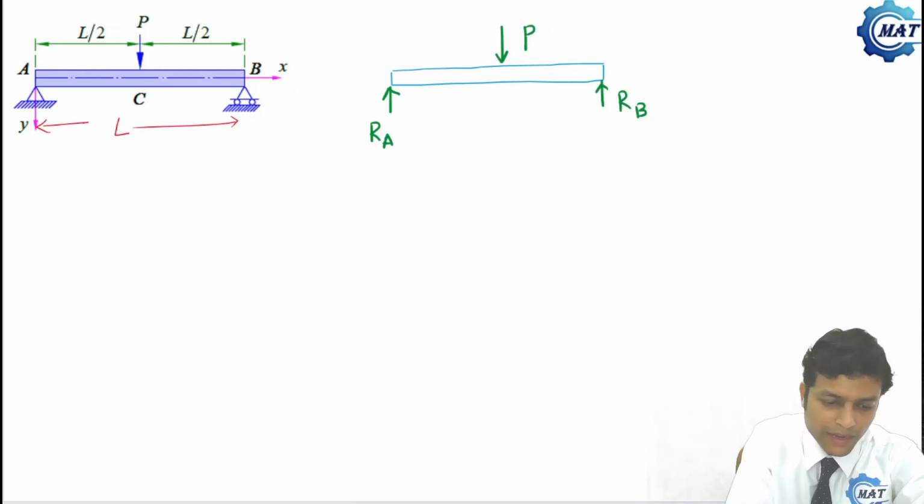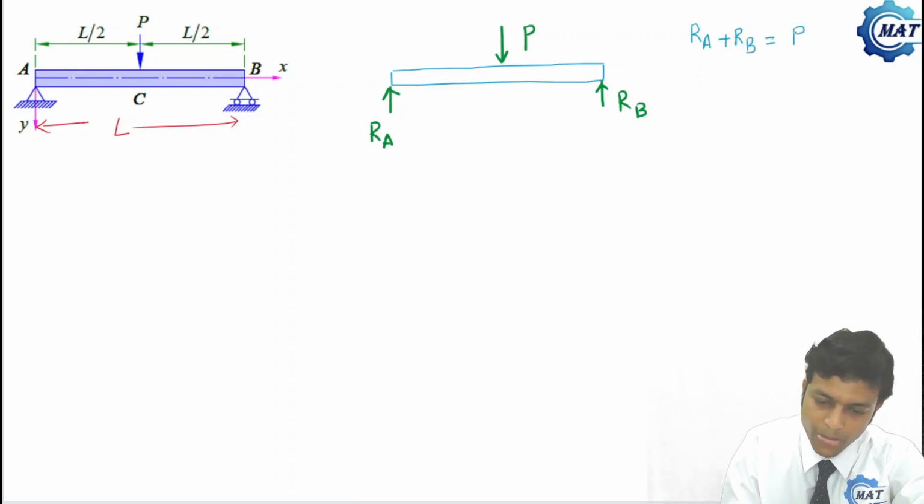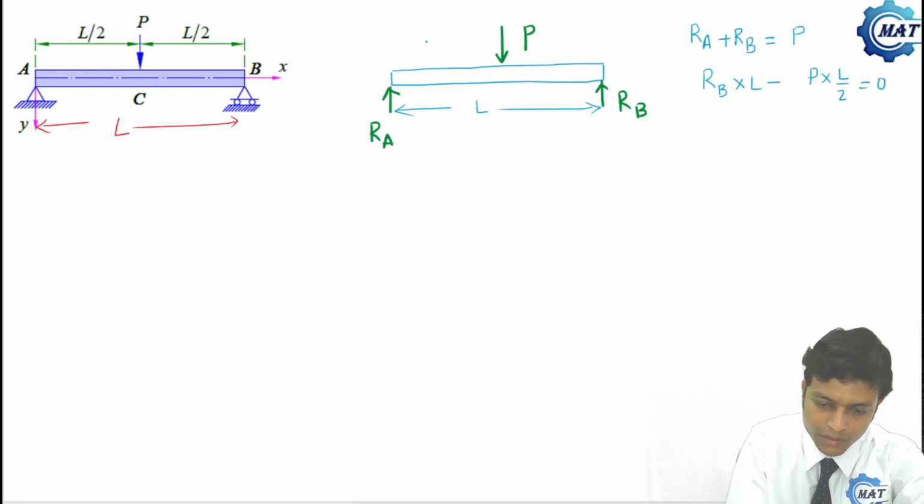By applying the force equation, we get RA plus RB is equal to P. And if this length is L, by the moment equation, we get RB into L minus P into L by 2 is 0.